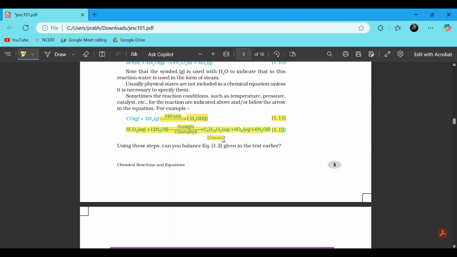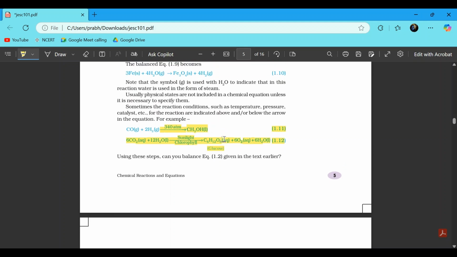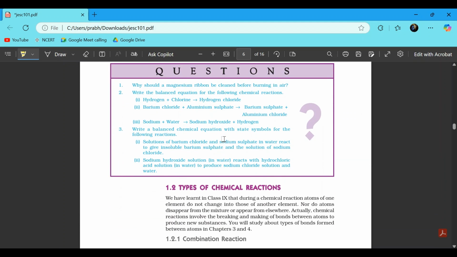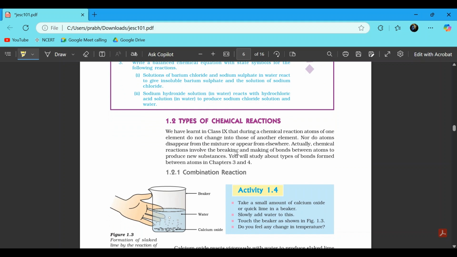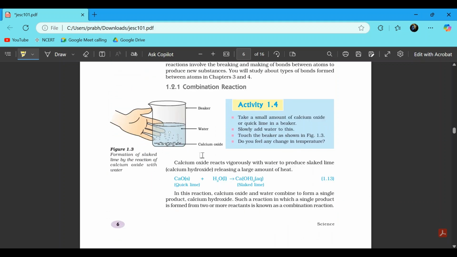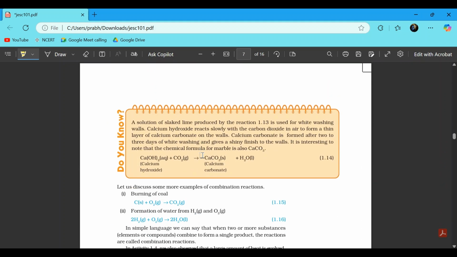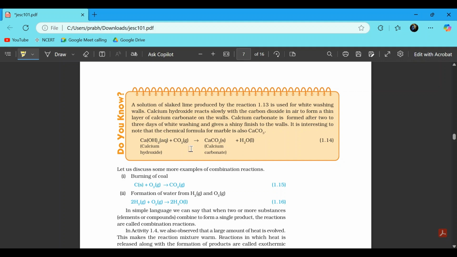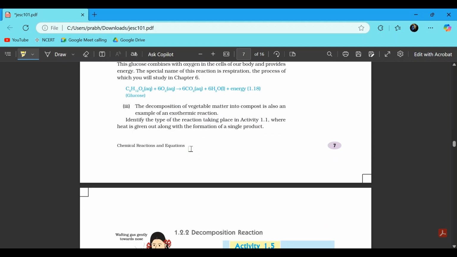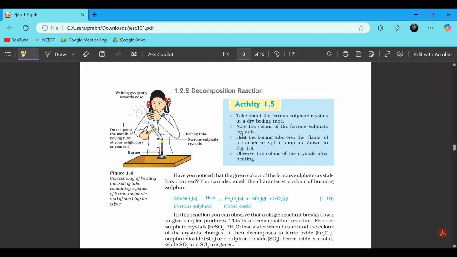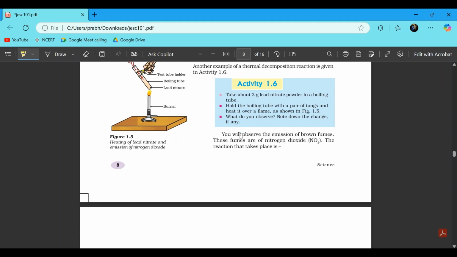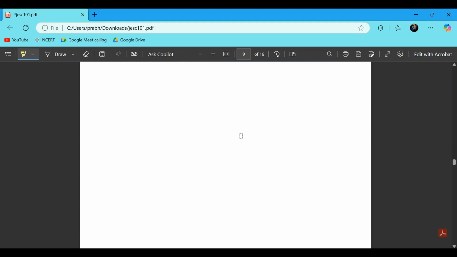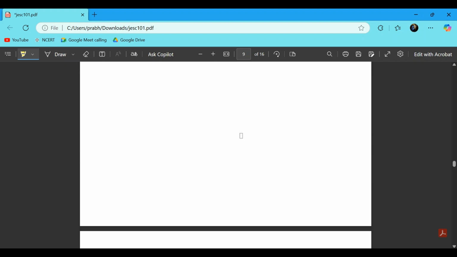This one is the most important reaction in the book. And types of chemical reactions, you also have to learn, like combination reaction. This portion is also important for you. Keep note of it. Talking about the next one, decomposition types of reactions, you have to learn what the types of the reaction are.